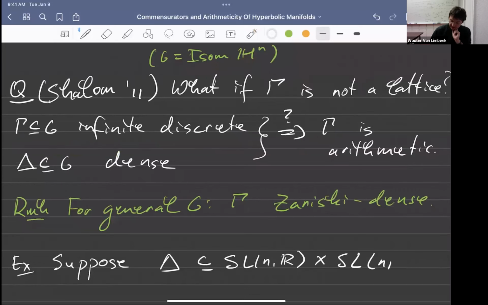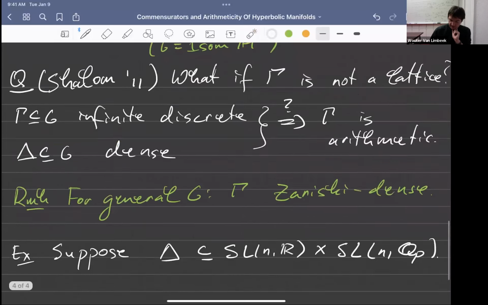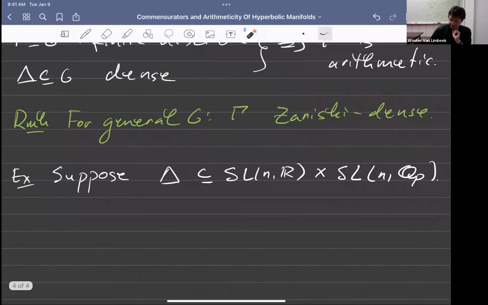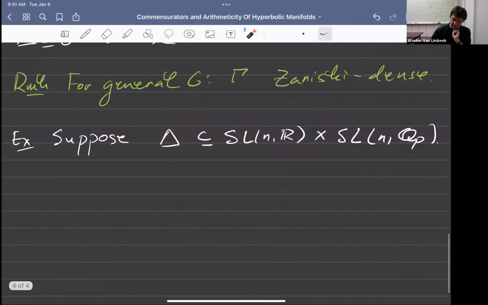But the second factor, I make it p-adic. If you're not familiar with p-adic groups, then it's okay. I think you won't lose much if you just pretend it's SLN(R), although for technical reasons it won't work here, but informally it should.